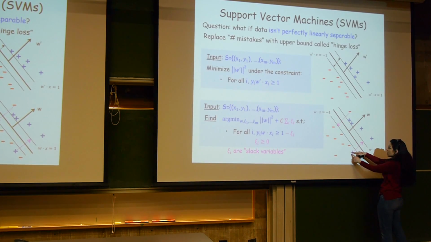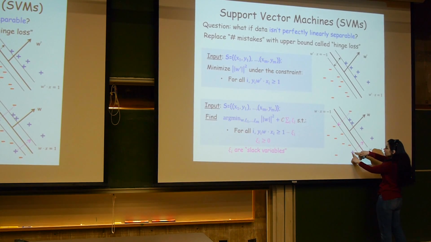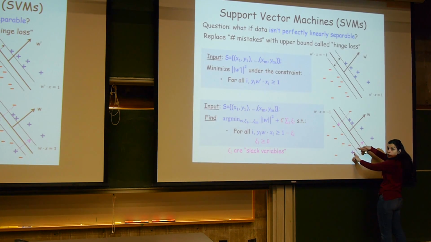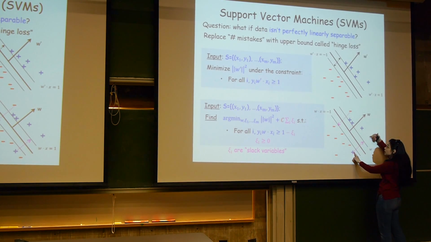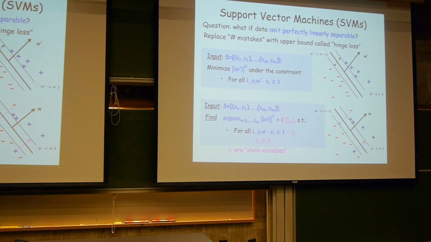Pictorially, psi i for this positive example is exactly the amount I have to move this point to put it on the right side of this hyperplane, as if it was a true positive example. That's the classic way to handle noise for SVMs.